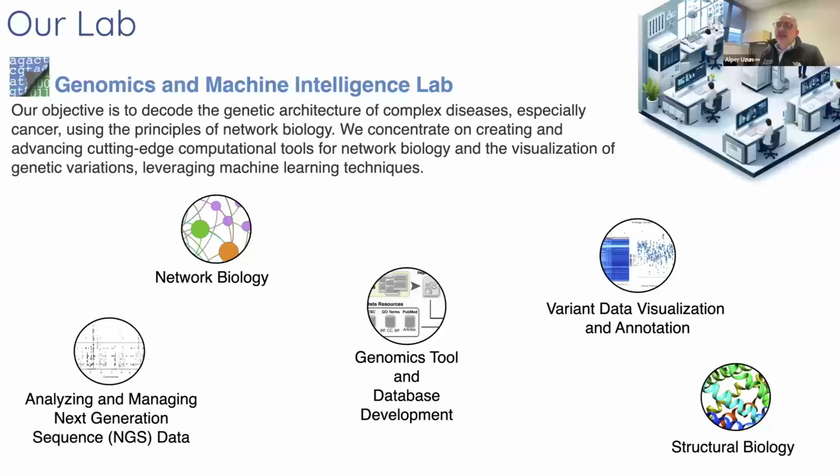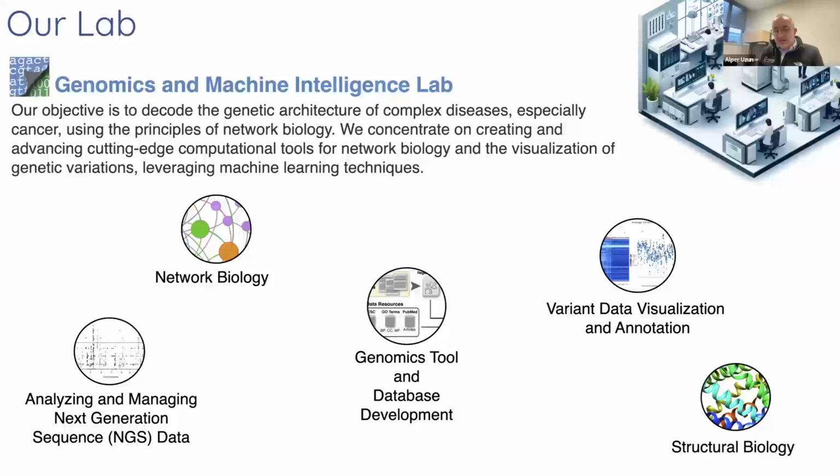And our niche is network biology. So we are applying network biology to understand what kind of genetic architecture is behind these complex diseases. And we analyze and manage next generation sequencing data. And as I mentioned, genomics tools development and database development is one of our sections as well. And we are very interested in variant data visualization and annotation.